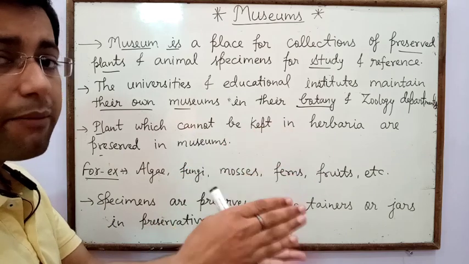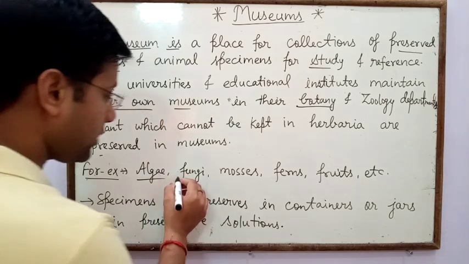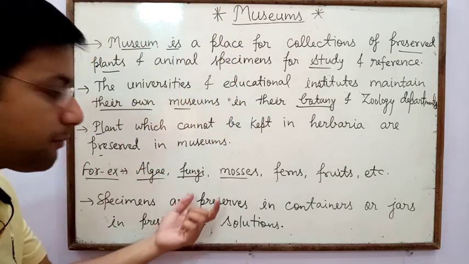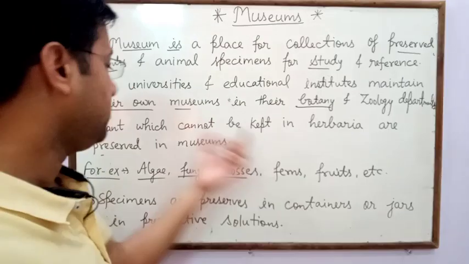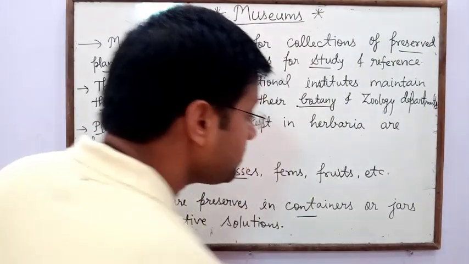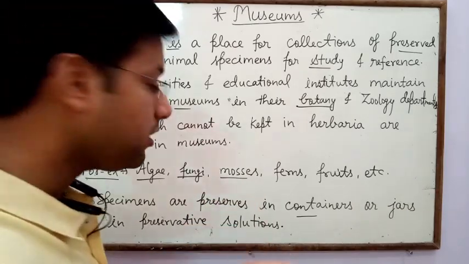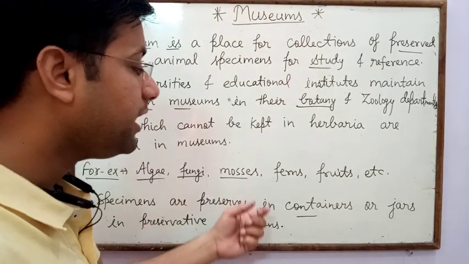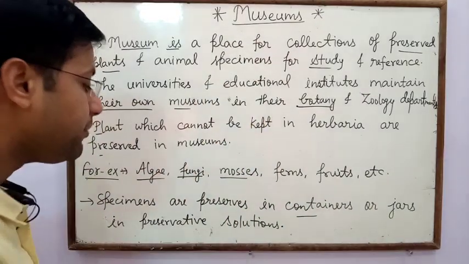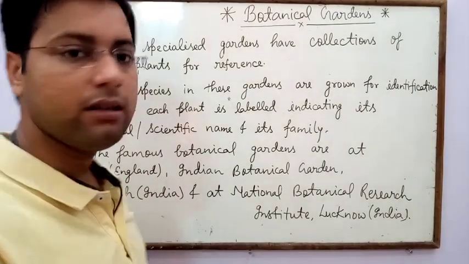For example, algae, fungi, mosses, ferns, fruits, etc. Specimens are preserved in containers or jars in preservative solutions, that is formalin. So all these specimens which are not kept in herbaria are preserved in containers or jars in preservative solutions like formalin.